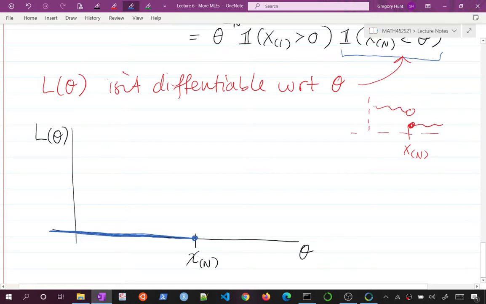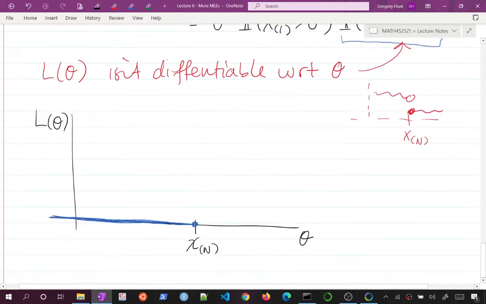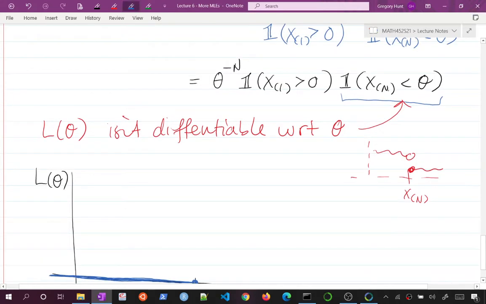Now we said we had this jump. So when theta is bigger than the maximum, so when theta is somewhere over here, we're trying to maximize some function, and it's not differentiable, so maybe we can figure this out if we draw it. You can imagine testing different values of theta. If my theta were over here, then theta is bigger than the maximum, this is satisfied. We're assuming this condition related to the minimum is satisfied.